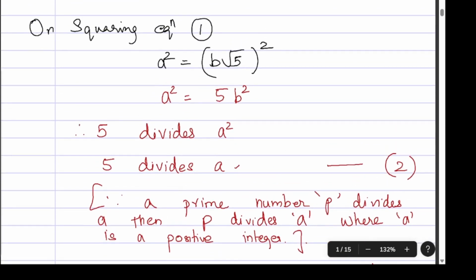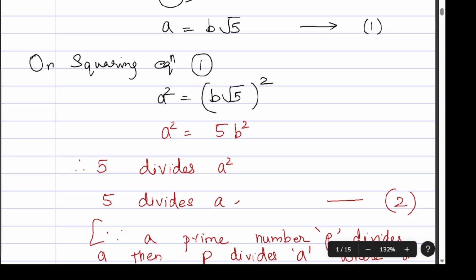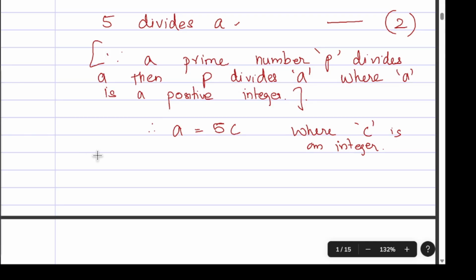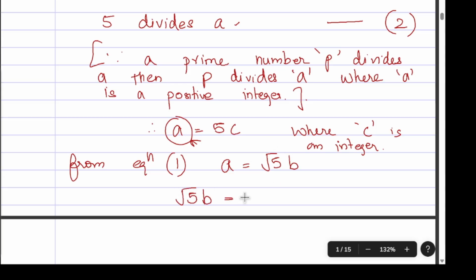In the next step, I'm going to substitute the value. From equation 1, a equal to root 5 b, that I'm going to insert in this place. Instead of a, I'm going to insert root 5 b. Root 5 b equal to 5c.